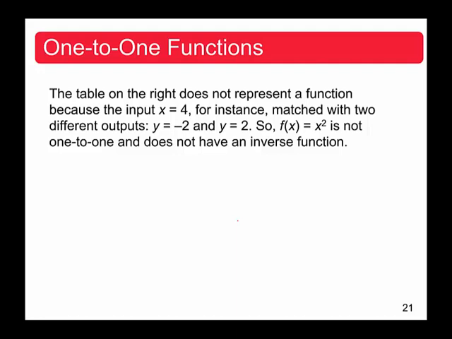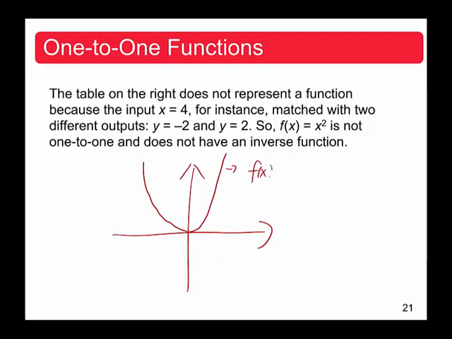And if you draw the graph, as you can see, y equals x squared, this is f of x equals x squared. If you draw any horizontal line, you're going to have two intercepts all over the place. So that means for any given y value here, you're going to get two x values. So it's not one-to-one, so therefore it has no inverse function.